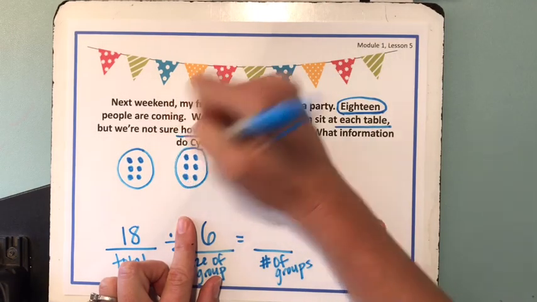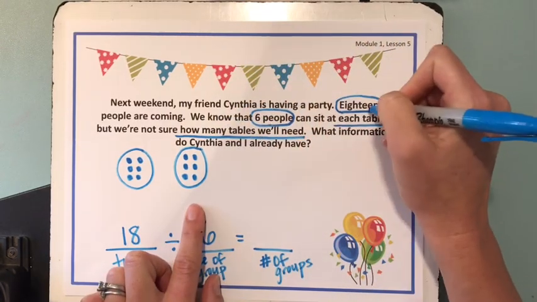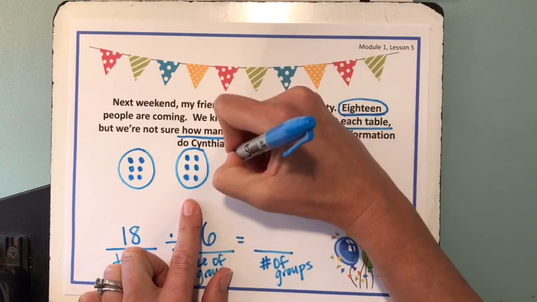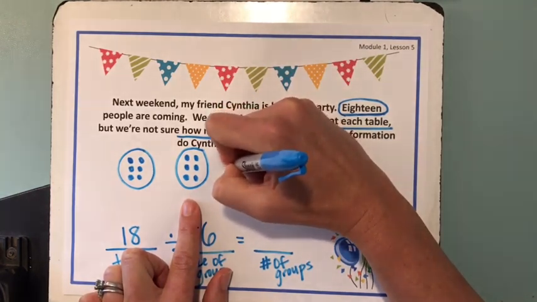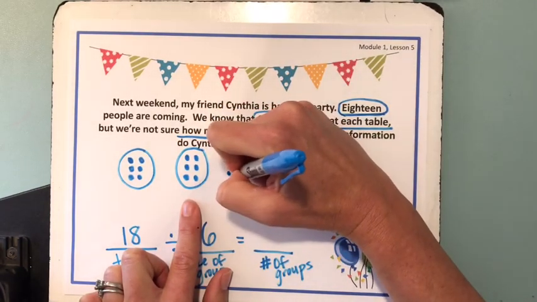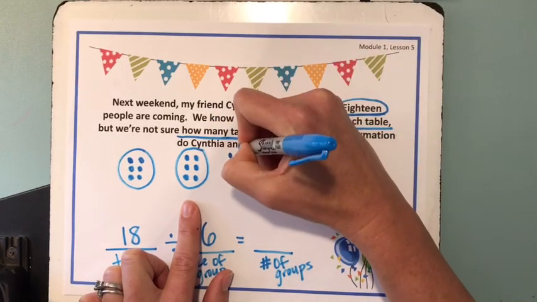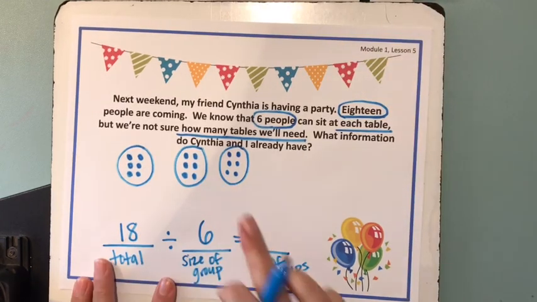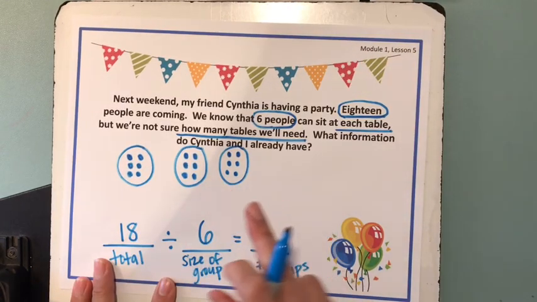There's my second table. Okay, have I gotten to 18? Nope, not yet. I have to keep going. So now I'm at 12, 13, 14, 15, 16, 17, 18.